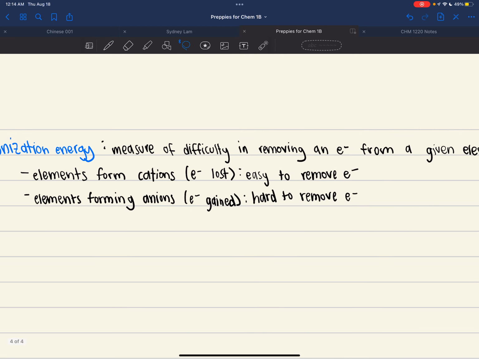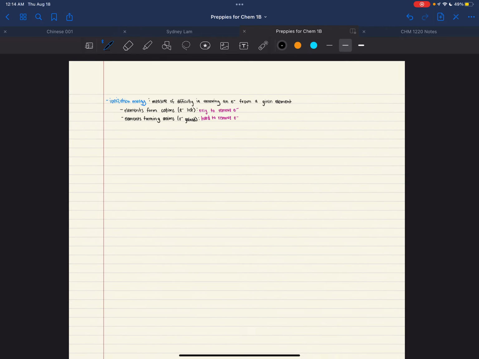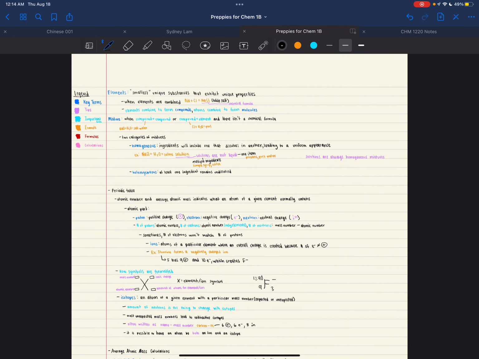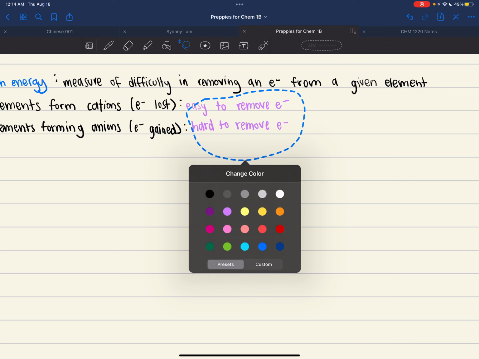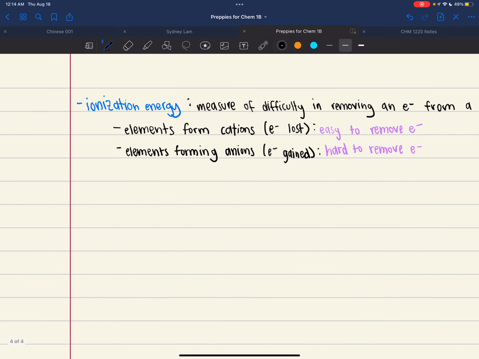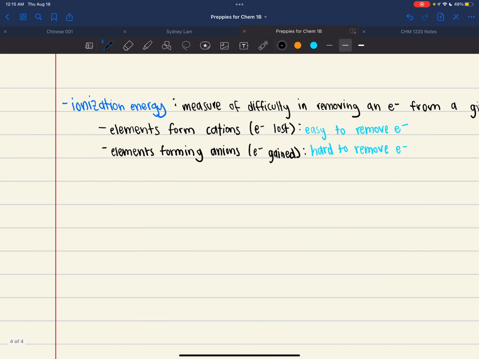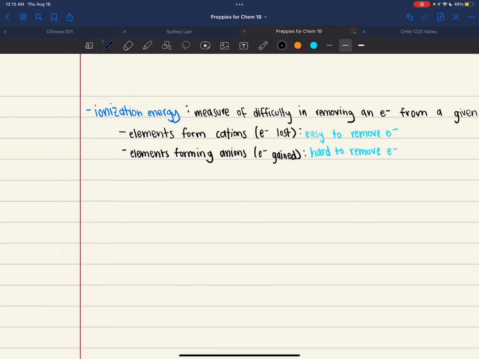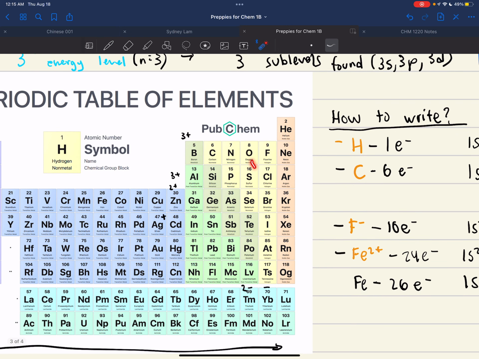Let's color code this real quick. It's important to note that it is hard for anions to lose electrons, because anions are trying to gain electrons in order to establish the noble gas electron configuration.